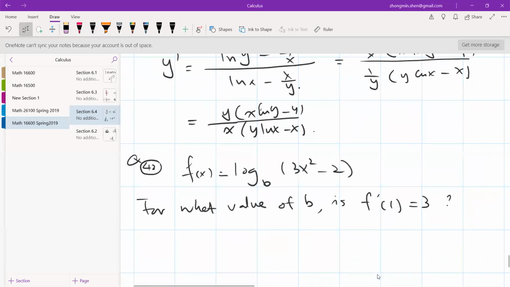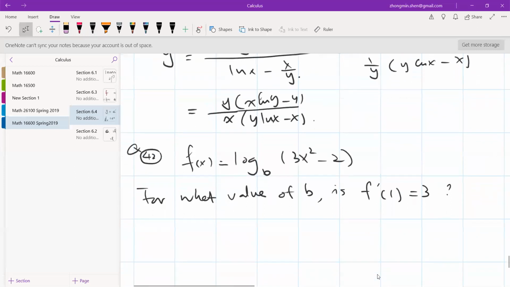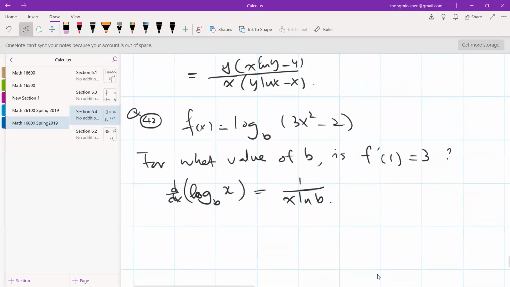Remember, what is the derivative of the log function with base b? It's going to be 1 over x natural log b, right? So this is the formula. Okay, so you use that.